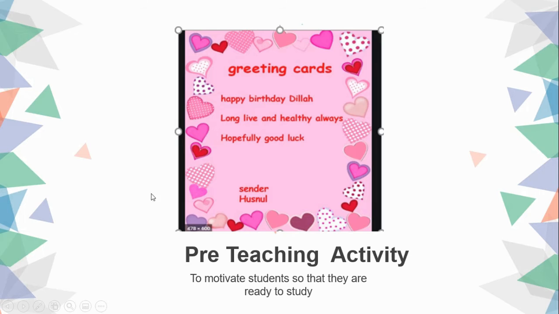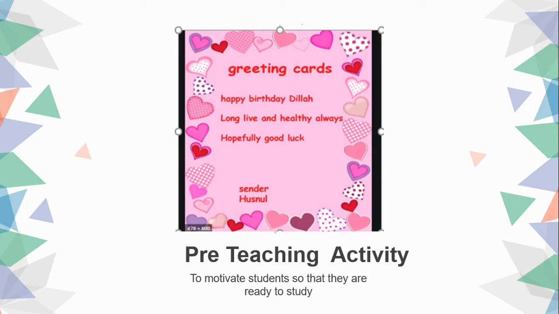Okay, students, all of us must know that the process of teaching and learning must be divided into 3 steps. The first one is pre-teaching, the second one is while teaching, and the last one is post-teaching. The function of pre-teaching activities is to motivate students so that they are ready to study.